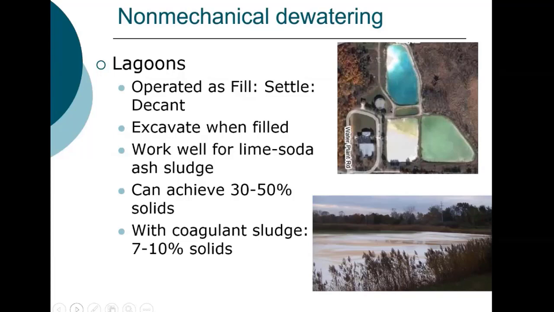So basically these operate as fill, settle, decant. When they're filled and you've achieved the desired solids content, the lagoons are then excavated. And in the case of the East Lansing plant, that lime soda ash sludge is then land applied to fields as a soil amendment.